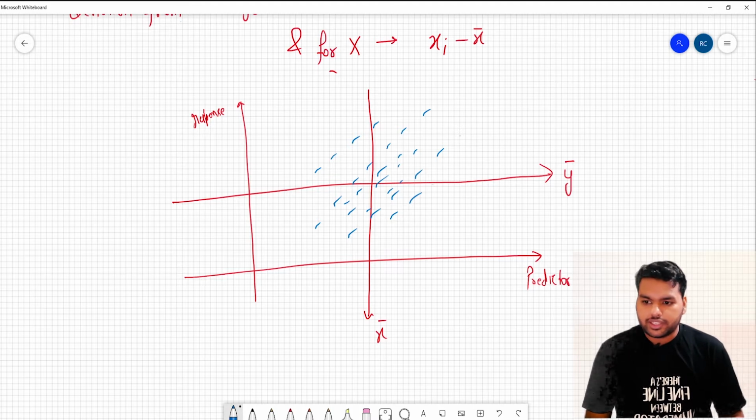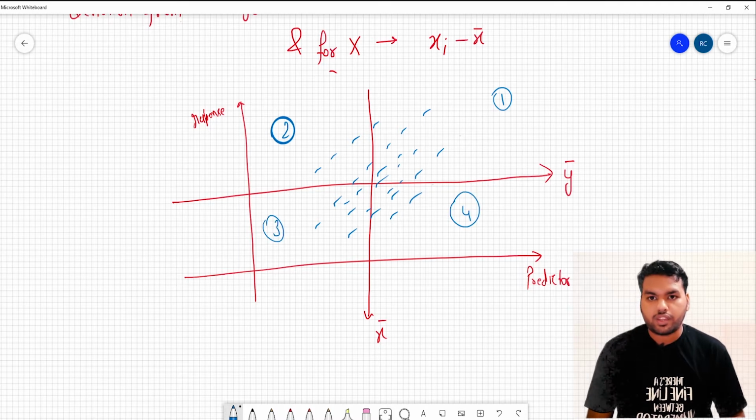What we are going to discuss: as x bar and y bar divide this plane into four quadrants, this is the first quadrant, this is the second quadrant, this is the third, and this is the fourth. We're going to see how x and y are linearly related with each other.